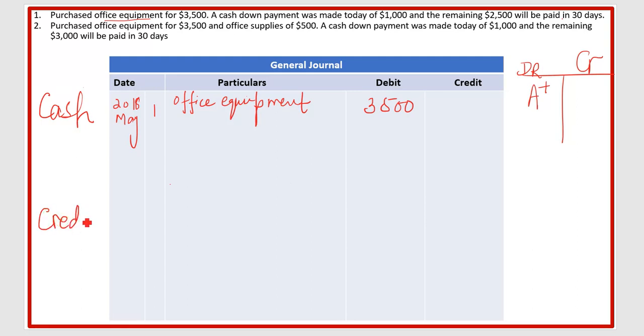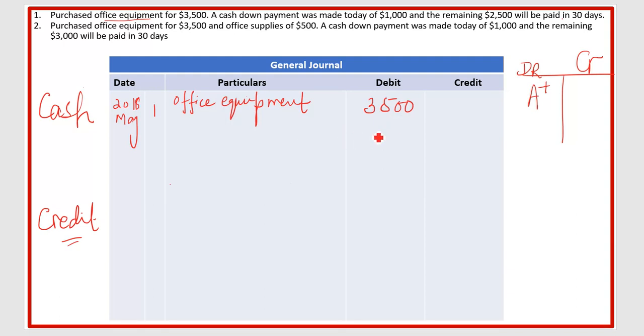Here you can simply consider it just like a credit card. Sometimes we pay cash, sometimes we use our credit card. If we pay cash, we have to write down cash, and if we use the credit card, we have to write down the accounts payable liability. So our first account is the asset, and assets increase on the debit side. That's why I have written it on the debit side.